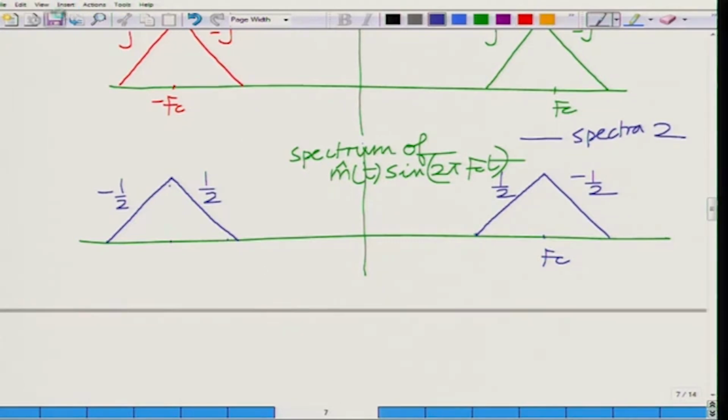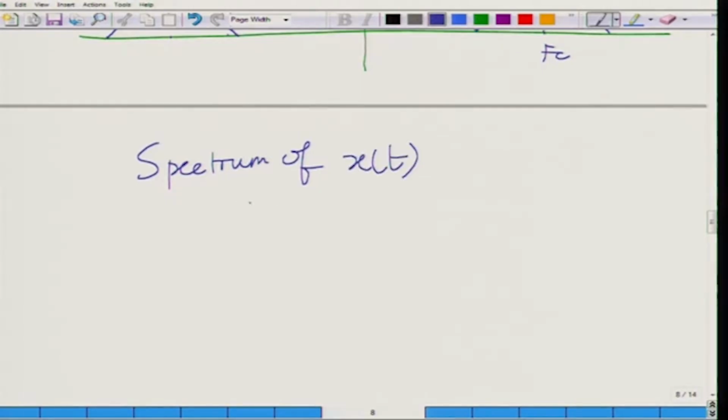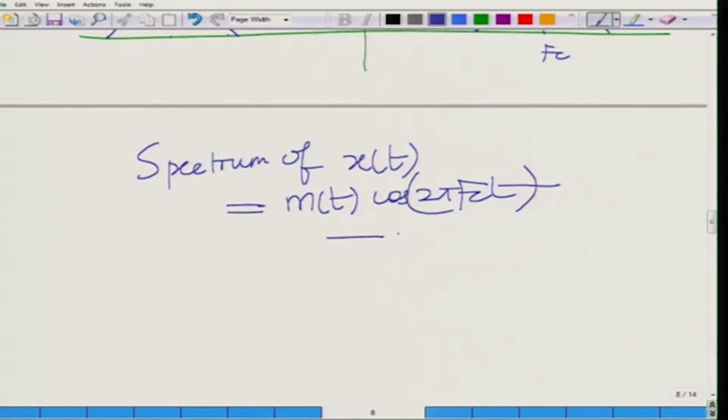Now, the spectrum of x t equals m t cosine 2 pi f c t minus m hat t sin 2 pi f c t.